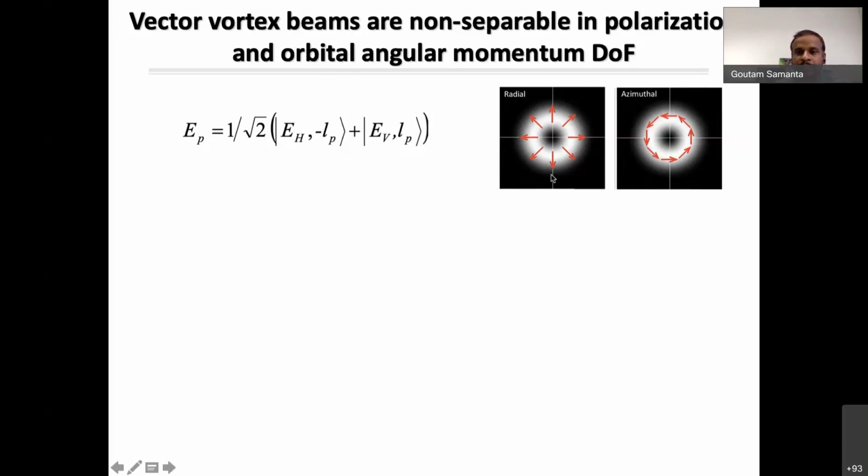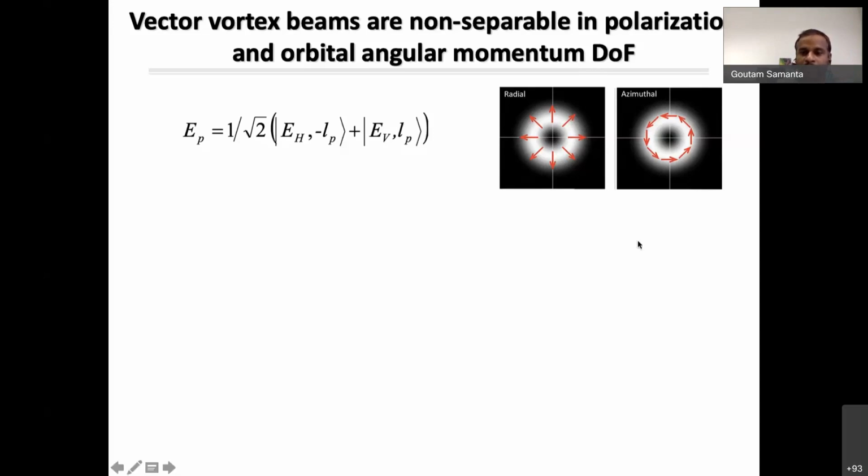So if we want to generate this kind of beam, we cannot really just use nonlinear interaction, because nonlinear interaction will convert a particular polarization and the rest of the polarization states will be unchanged. So we try to generate such a beam from a cavity, or from an optical parametric oscillator.